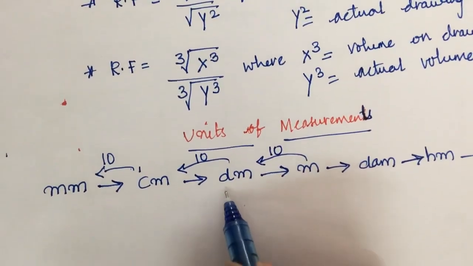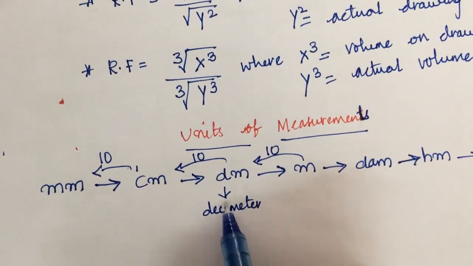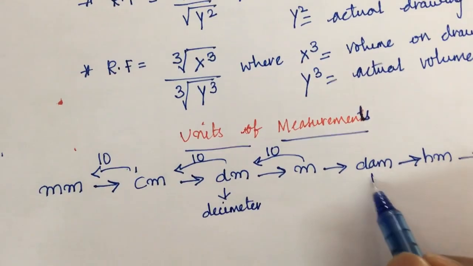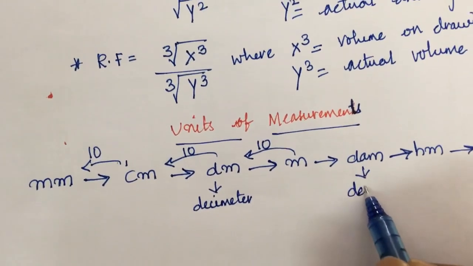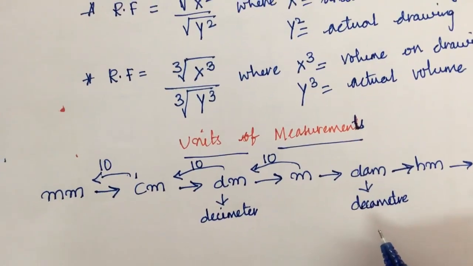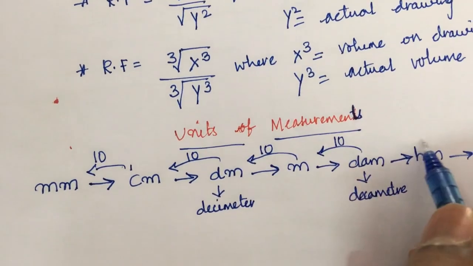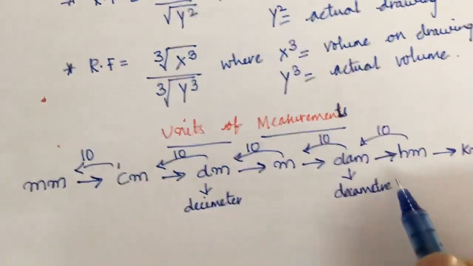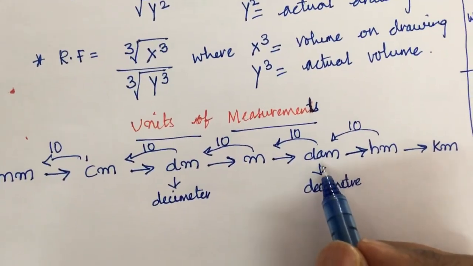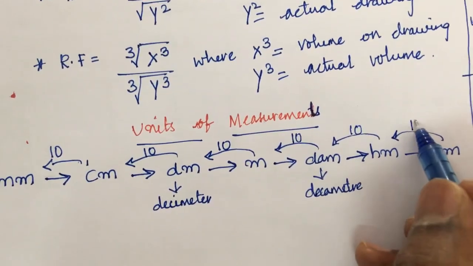Here dm is nothing but decimeter, and dam is nothing but decameter. So, 1 decameter equals 10 meters. The following unit you are supposed to multiply with 10, so 1 hectometer equals 10 decameters and 1 kilometer equals 10 hectometers.